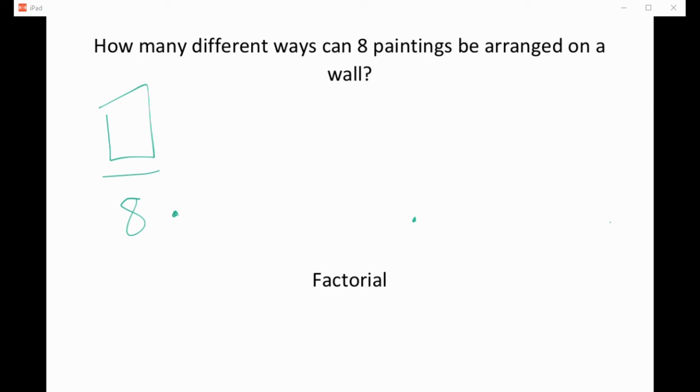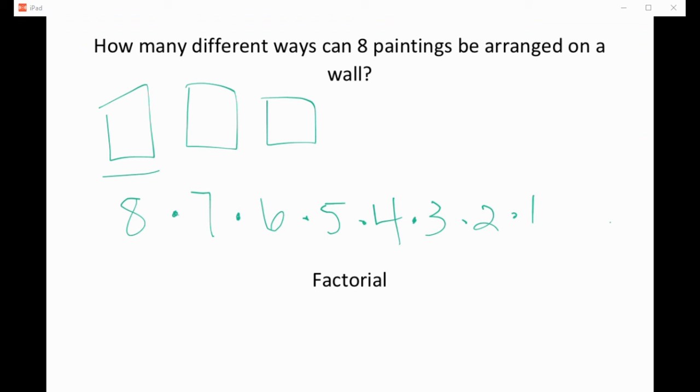So for the next spot, you only have 7 left, but then you hang up a painting in that spot. So for the next spot, you have 6 left, and that kind of continues down until you run out of paintings or spaces. 3, 2, 1.